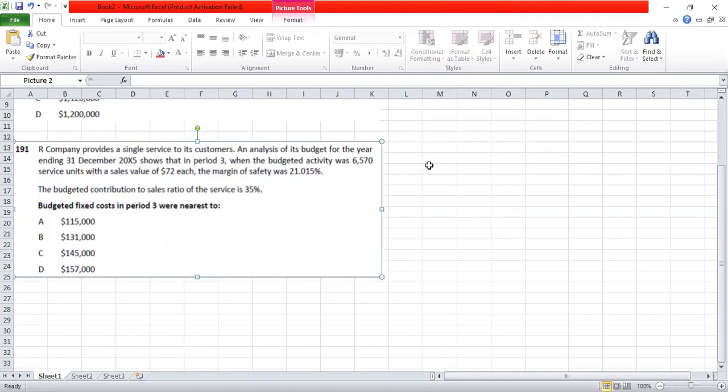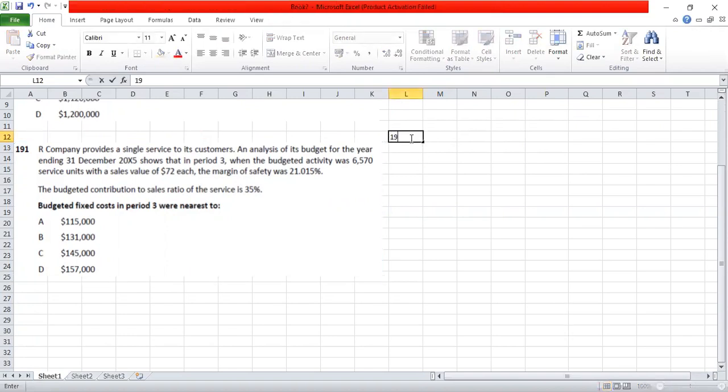Okay. Please present this one, 191. It is just like finding out the missing figure. Budgeted sales is equal to the number of units, 6,570 into 72. Margin of safety percentage is given as 21. What is margin of safety?